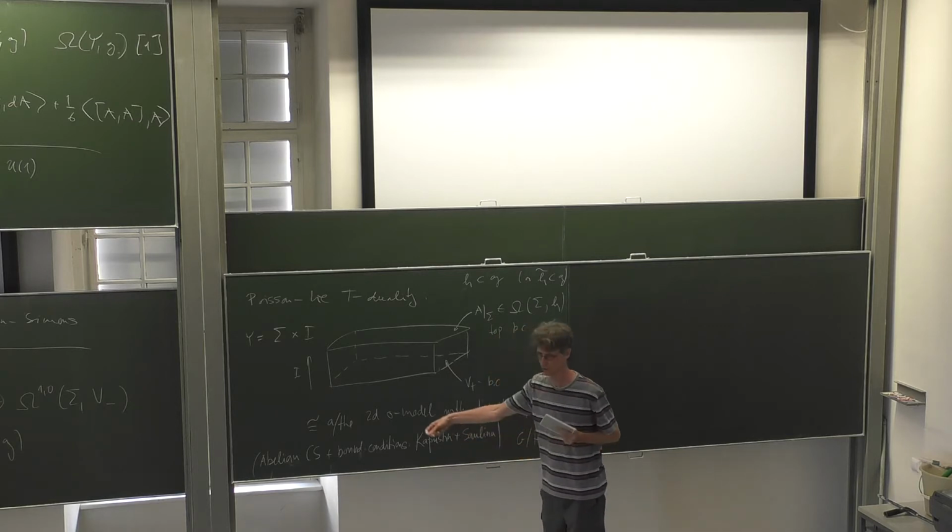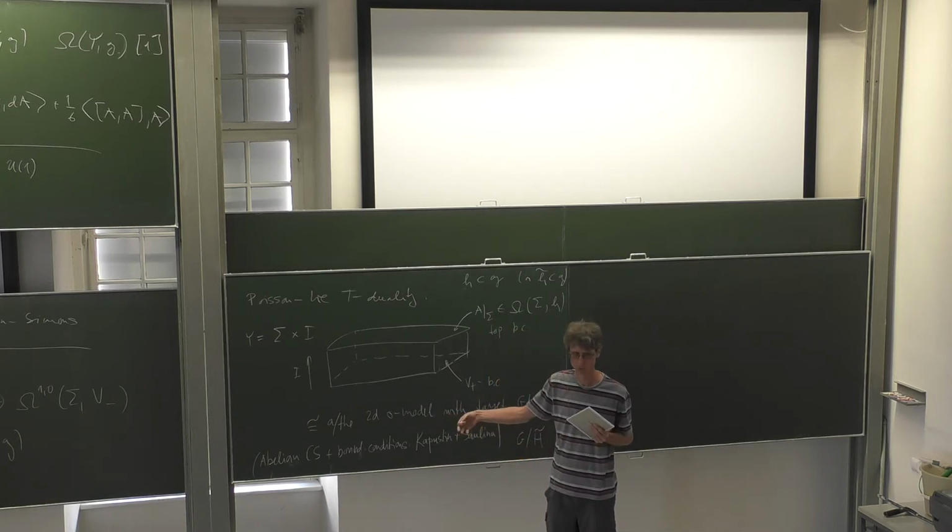There's a paper which discusses boundary conditions for abelian Chern-Simons. And in the simplest case, all boundary conditions just coincide on the quantum level. And that's what we need.